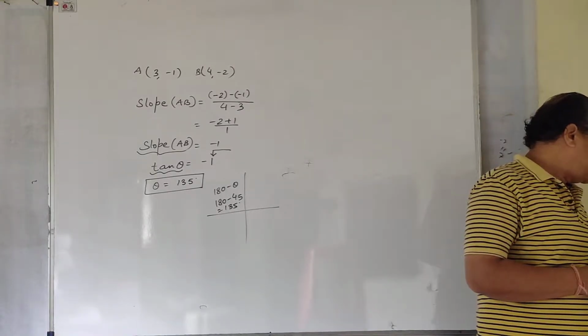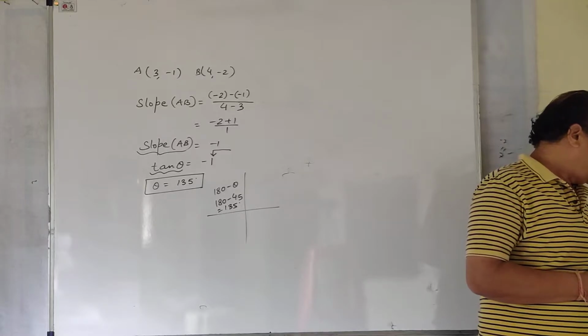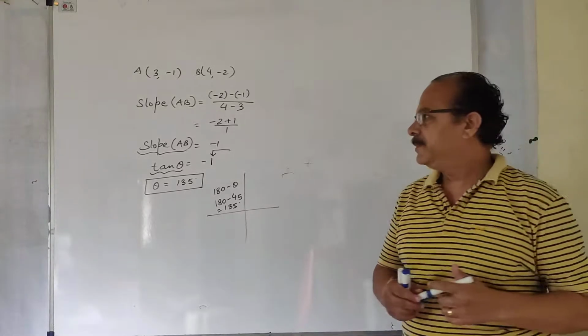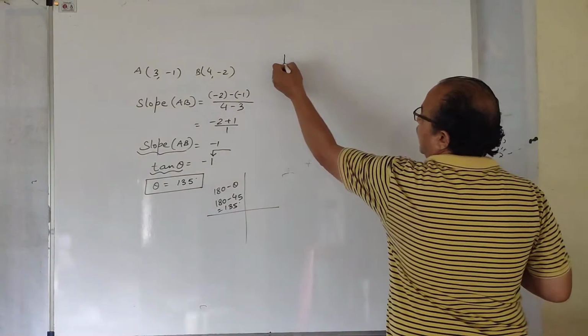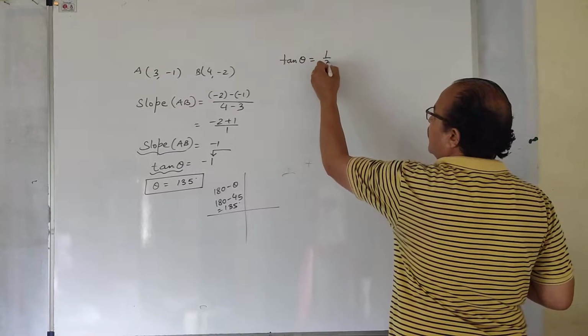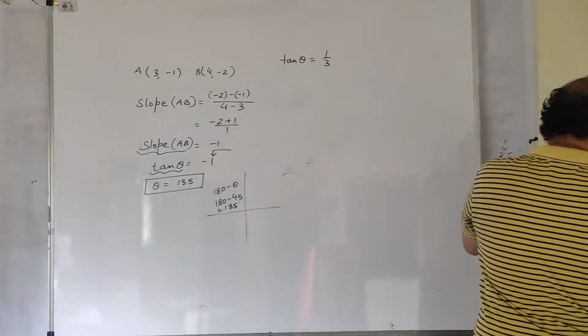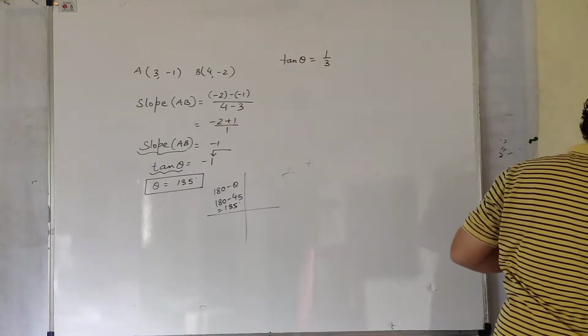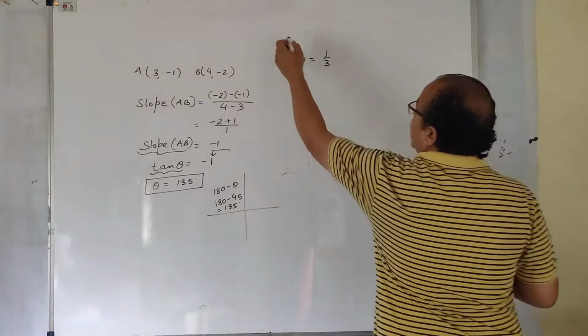The slope of a line is double the slope of another line, and the tangent of the angle between them is 1/3.